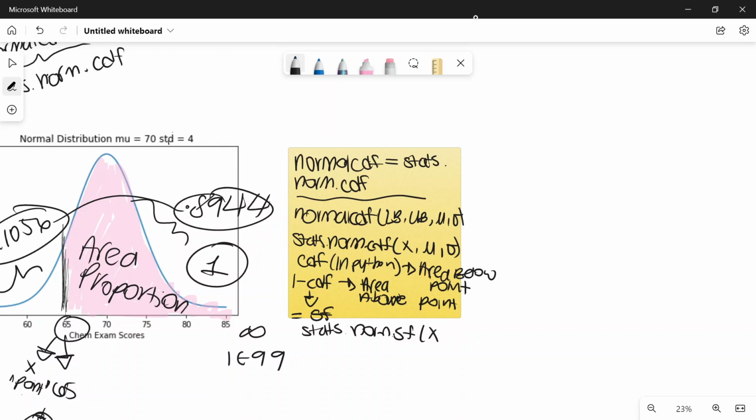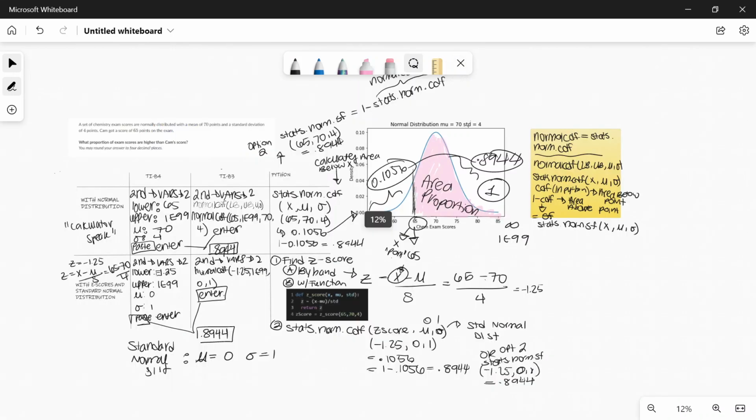You just put your x, your mu, and your sigma, and you should just get the same thing as 1 minus CDF. And yeah, I think that sums everything up, except the z-scores, but you don't need to know Python for z-scores.